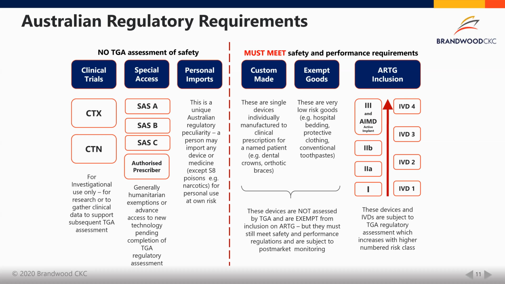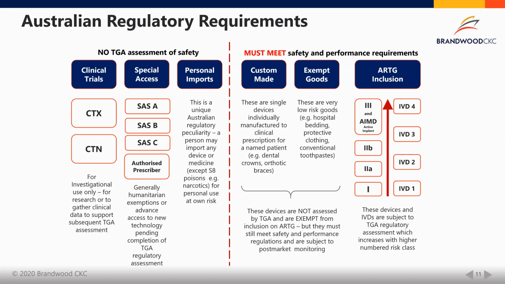So custom-made devices at the moment do not need to be assessed by the TGA. However, they do still need to comply with safety and performance. And exempt goods, which are things like bed sheets and maybe toothpaste, obviously don't need to be assessed by the TGA, as they pose very minimal risk.